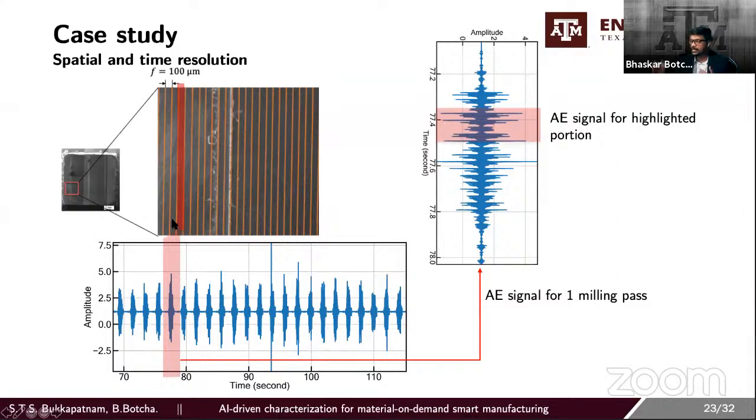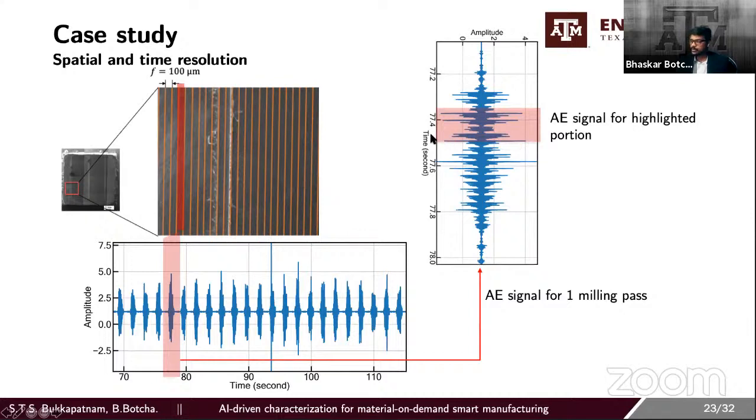So we completely identify where the cut has started and where the cut has ended. And we can go back and say, if I'm looking at this particular band, this is where the signal is coming from. This small square, this whole signal is from this end to this end. And this particular small section of data is exactly where this highlighted portion is.